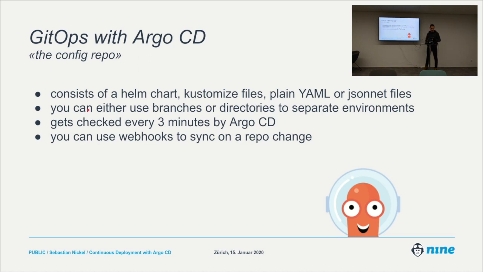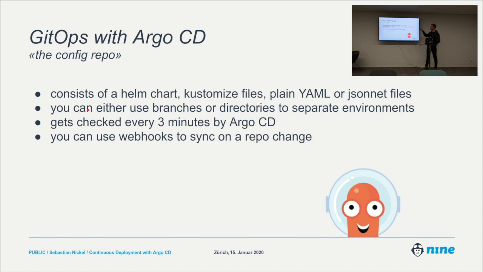As I'm not a big fan of long-running branches, I prefer the directory way. I mean, merging there is not so easy. It's easier if you have different branches, but I think it's more stable. If I'm in a directory, I know I'm working now in that environment, and if you merge branches, sometimes things go wrong.